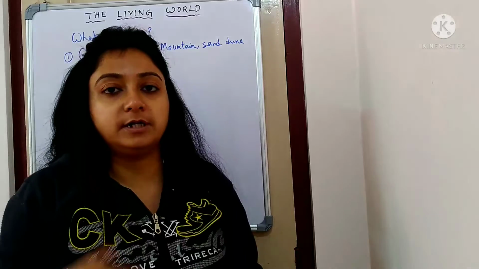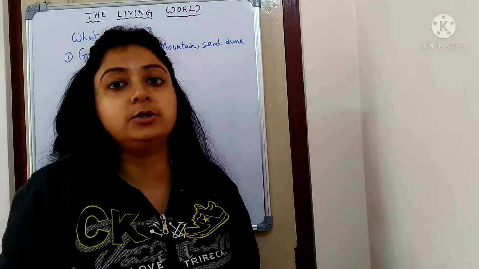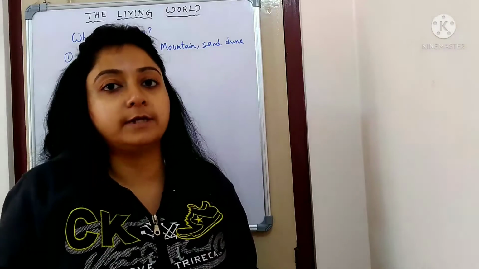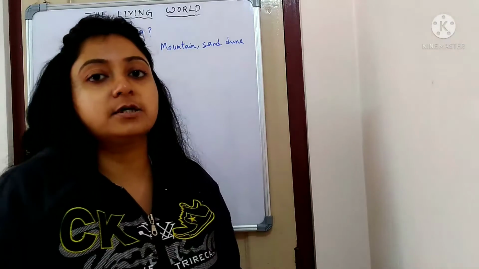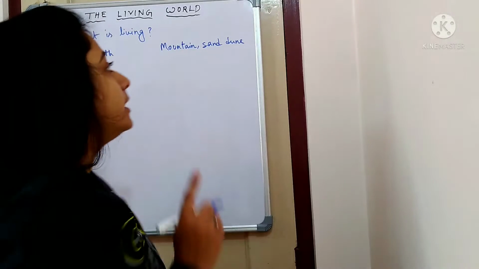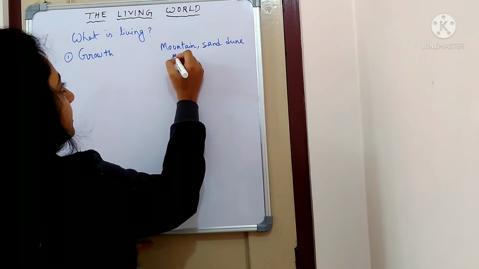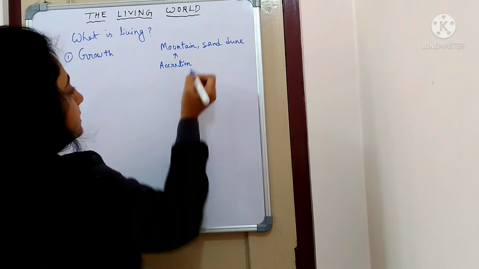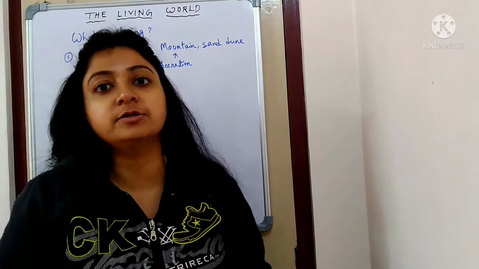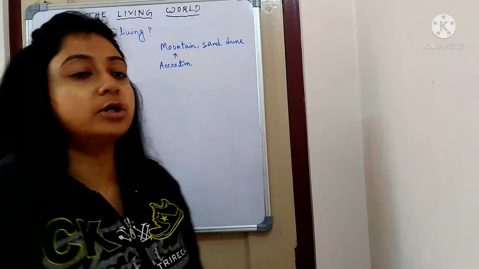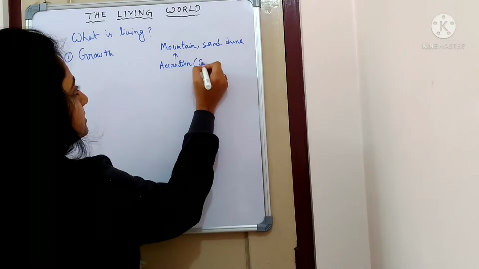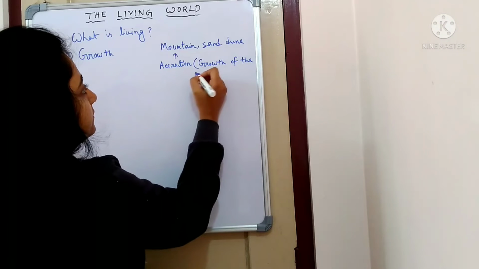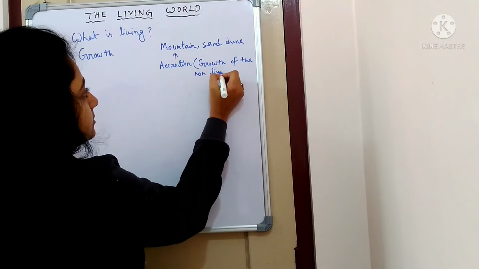That kind of deposition can also lead to the growth of mountains over several years. In that case, the growth has a particular term, that is accretion. This is also very important: accretion means the growth of a non-living object.